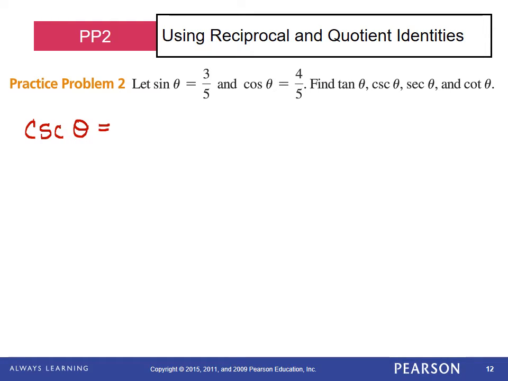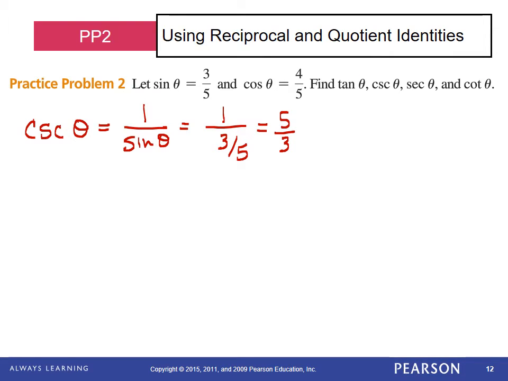Cosecant theta is technically 1 over sine theta, and that's by the identities we just created. I can plug in now 3/5 for sine. But if I do that, it's 1 over 3/5, really just the reciprocal of 3/5, and how about 5/3? So there it is. Cosecant theta is just 5/3. Now, do you need to go through all this elaborate process?